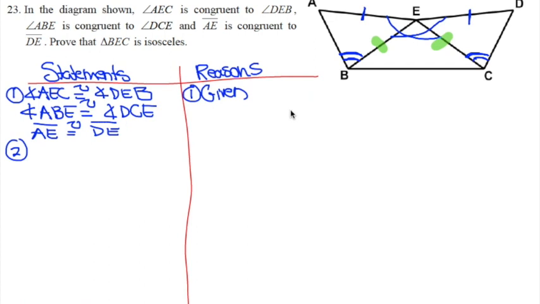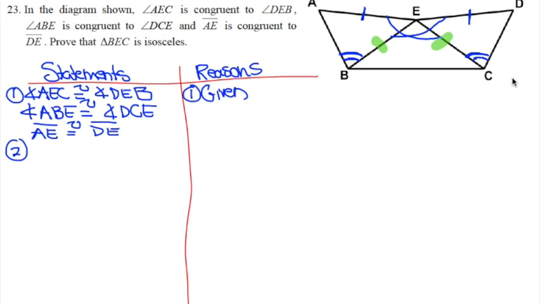This is our final problem. It's problem 23. And we have a strange diagram here that I've already labeled. AEC is this large angle here, and it's told to be congruent to this large one over here. We also know that ABE, this bottom one here with double lines, is congruent to this one down here, DCE, and I've marked those.